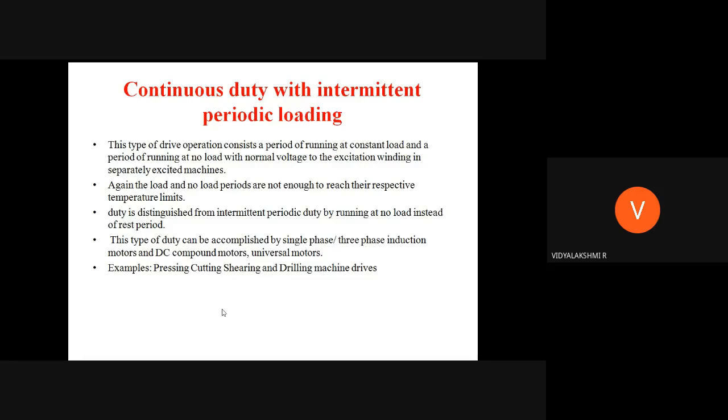This type of continuous duty will occur in pressing, cutting and shearing machines. The first point is a very important point here. This type of operation consists of a period of running at constant load and a period of running at no load. This is more than enough to write about continuous duty with intermittent periodic loading, and other things are not needed. So this is the main thing. We have to consider the loading period and no loading period.